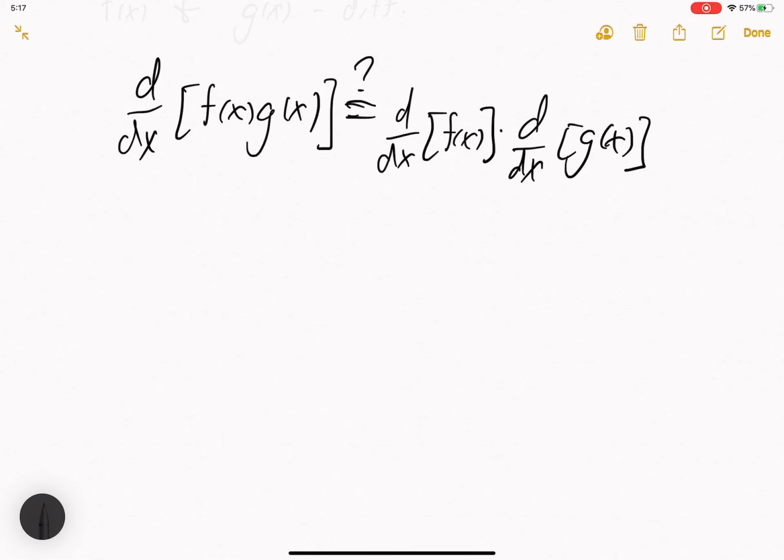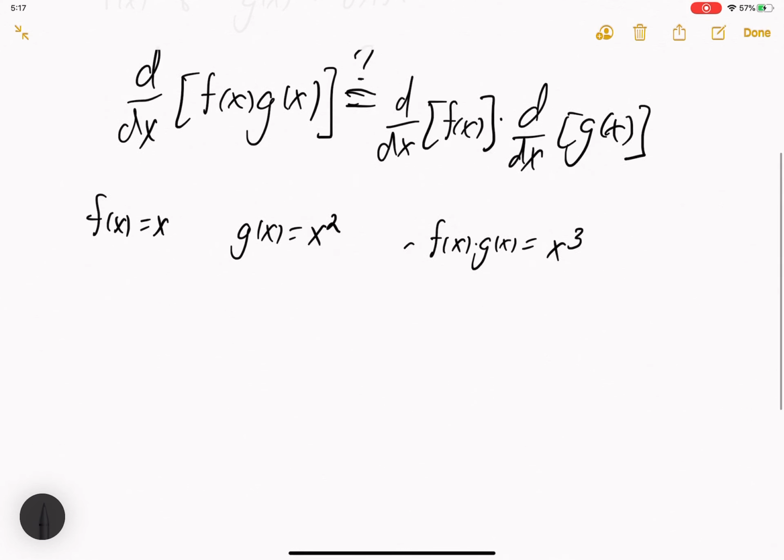So let's just say we had a function f of x equal to x, and g of x equal to x squared. Those are two pretty simple functions. And when we multiply them together, f of x times g of x, we get x cubed. So the derivative, d/dx of x cubed, using prime notation, is just equal to 3x squared.